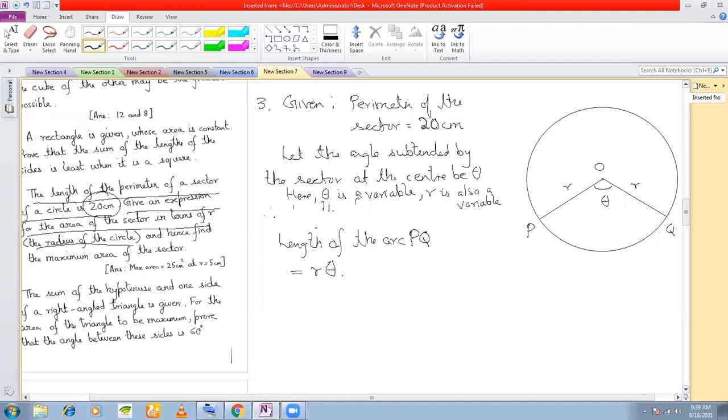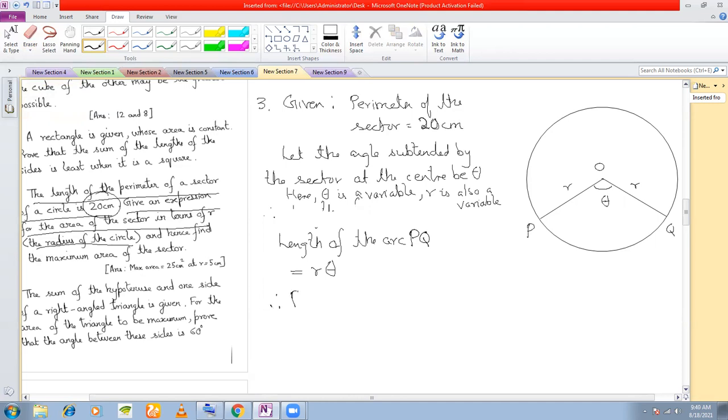And what should be the area of the sector in terms of R and theta? Half R square theta, if you remember. These two relations I had given you in the beginning only. So the length of the arc PQ is R theta.